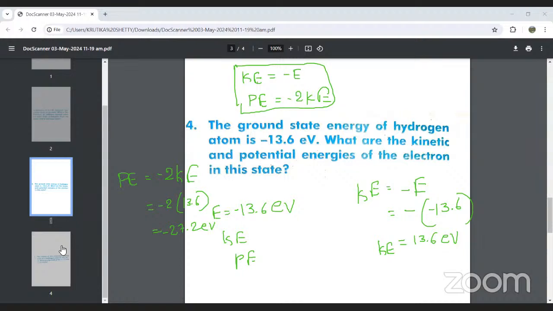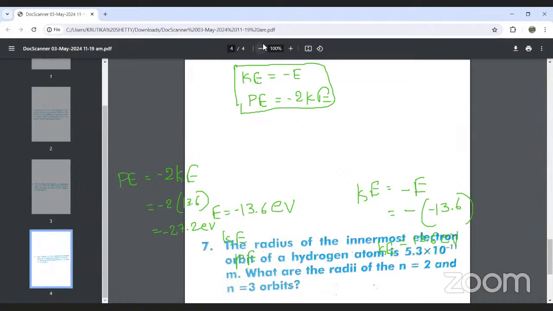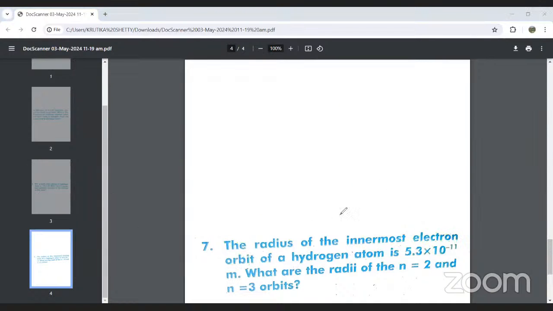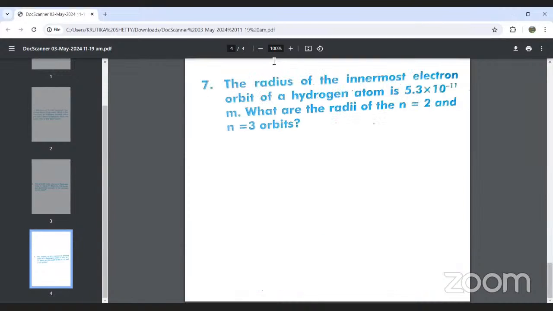Okay, everyone, let us go for the next question. Maybe the last question for today's class. Let's see how much time it will take. Okay, so here is the question. The radius of the innermost electron orbit of the hydrogen atom is 5.3 into 10 raised to minus 11 meter.